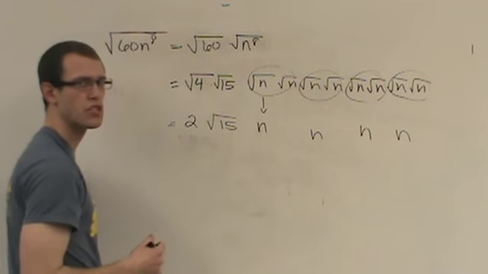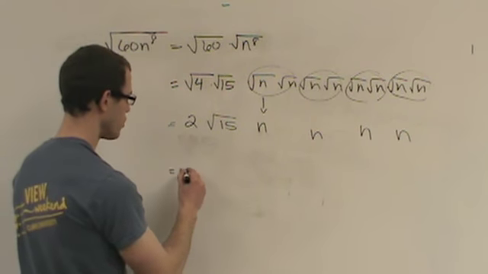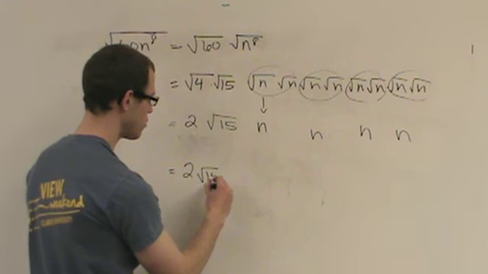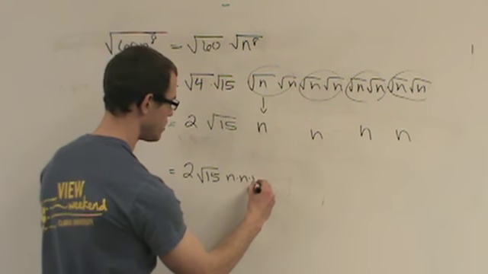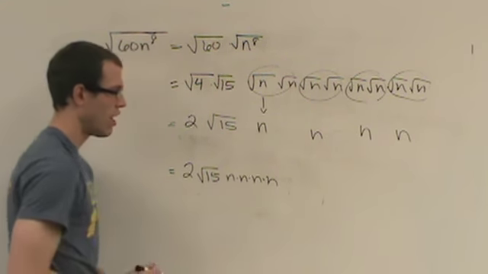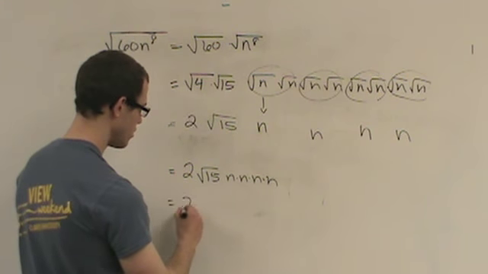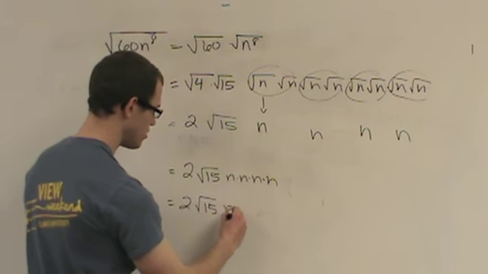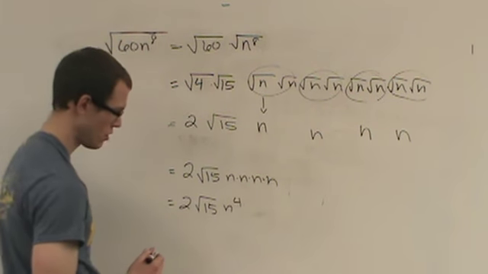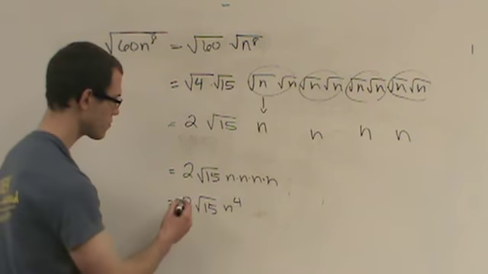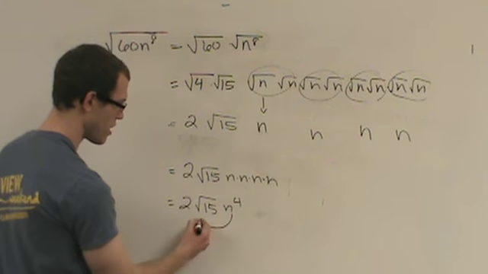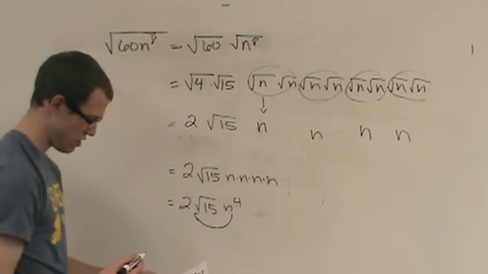All right. Now I just want to bring everything together. So we have 2 square roots of 15, n times n times n times n. These 4 n's multiplied together, they're simply n to the 4th. And lastly, we have to move this n to the 4th out to the front. We want to make it a little neater.